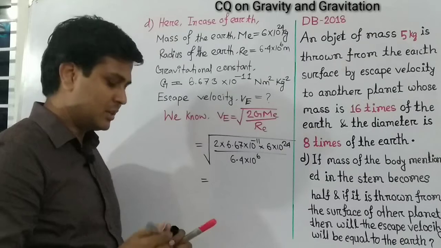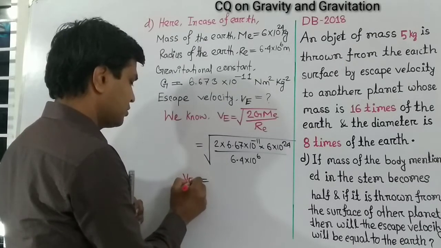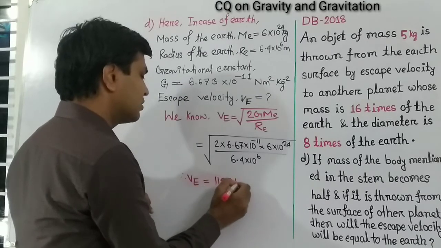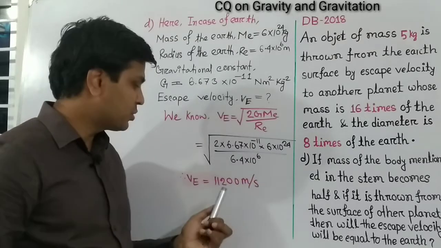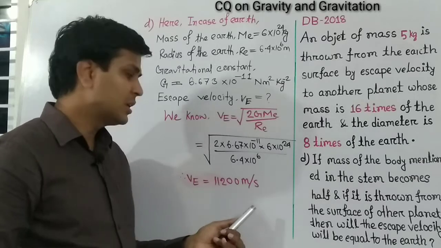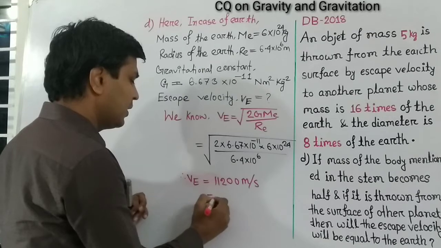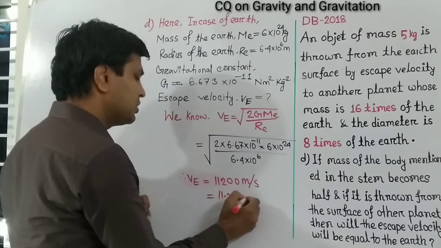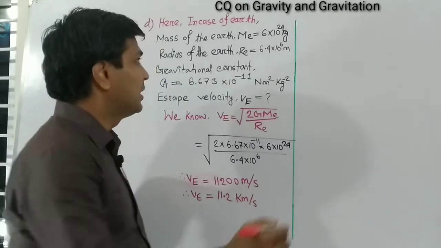Then we will get the result VE equals to 11,200 meter per second. But if you want to calculate that meter per second unit to kilometer per second unit, then we have to divide by 1000, and the answer will be 11.2 kilometer per second.